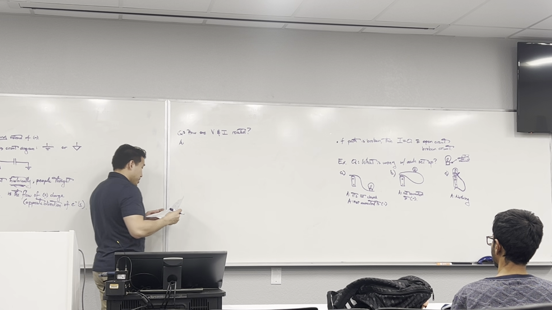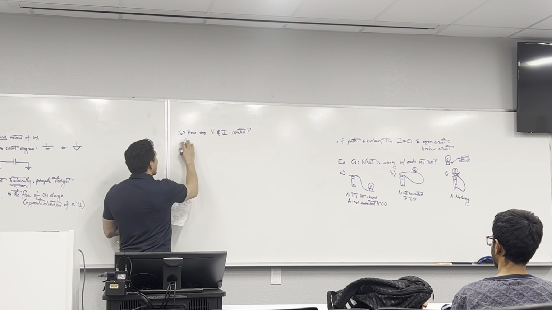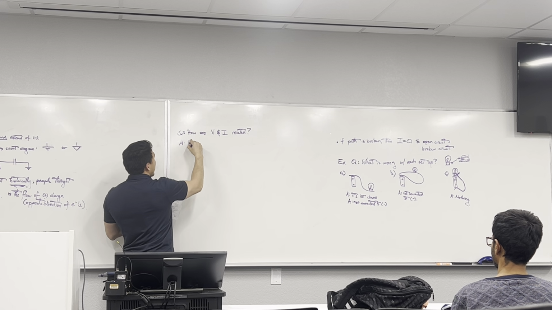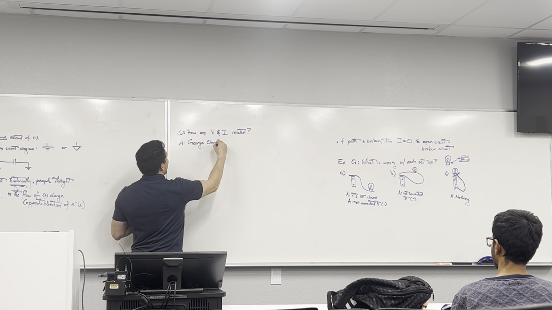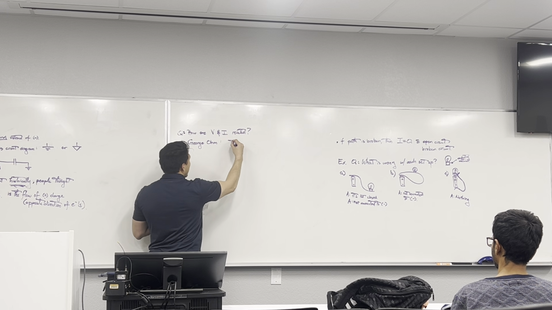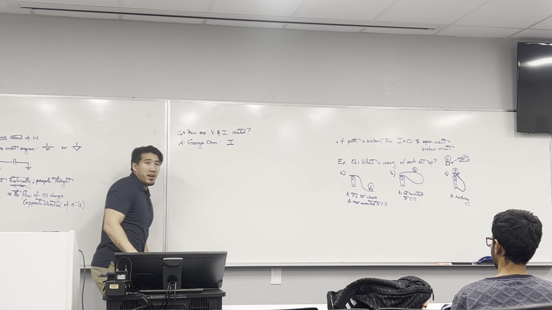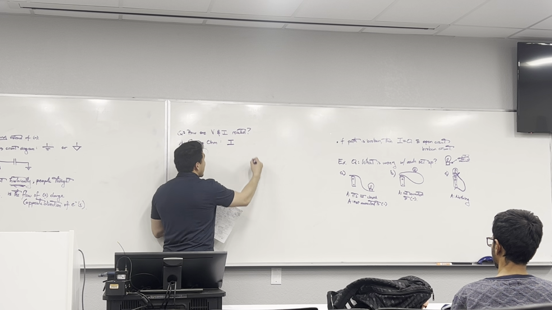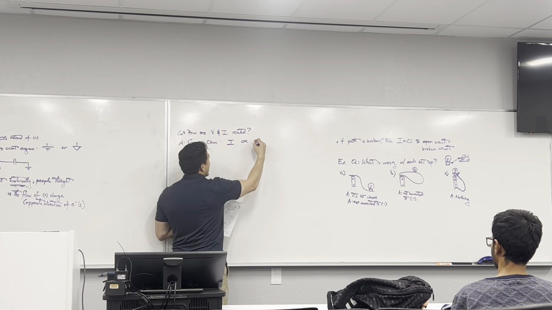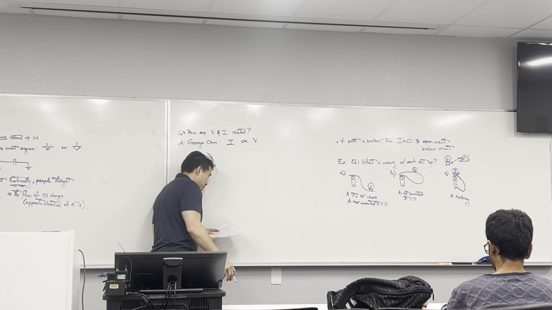The answer was provided by a guy named George Ohm, who applied different potentials and then measured the current. He saw that the current was proportional to the voltage applied, V.